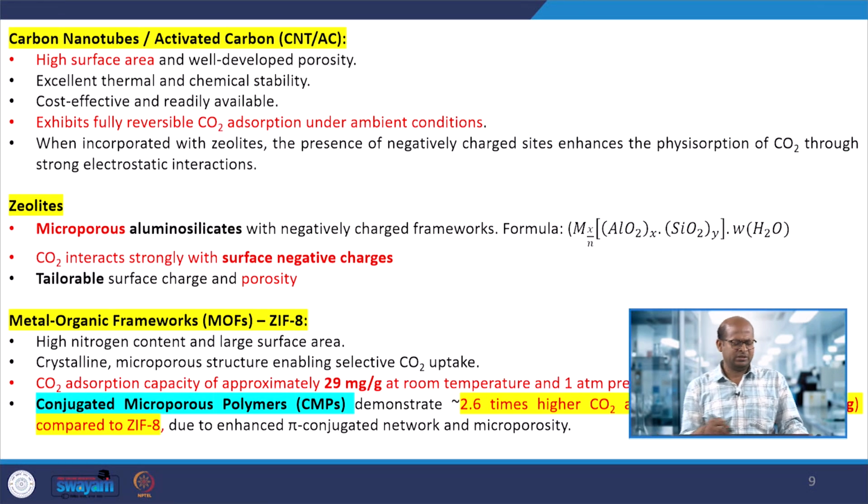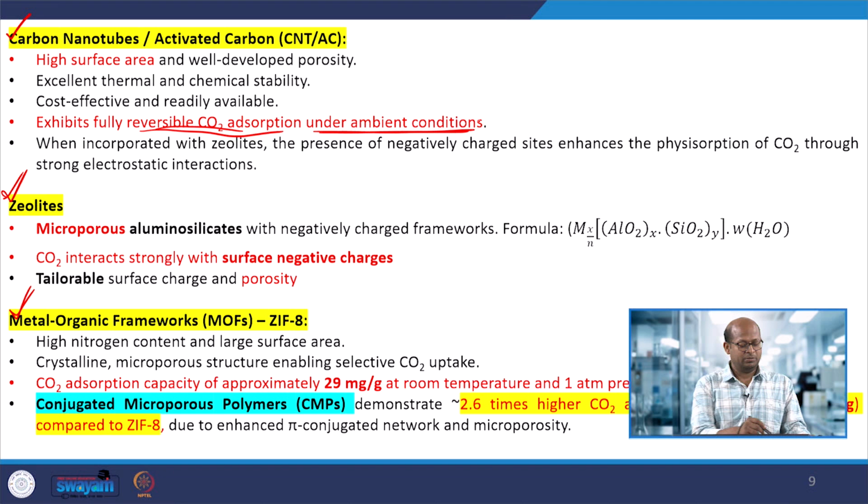So these are the different properties of the materials: carbon nanotubes, activated carbons, zeolites. Each material shows reversible CO2 absorption and desorption capacity at ambient conditions. Suppose these carbon nanotubes or activated carbons, they have high surface area, so CO2 can reversibly adsorb at room temperature or ambient conditions.